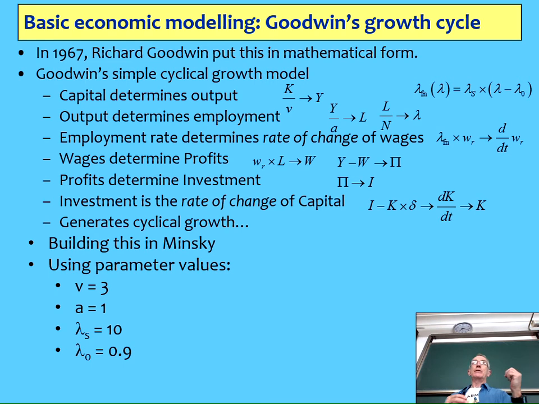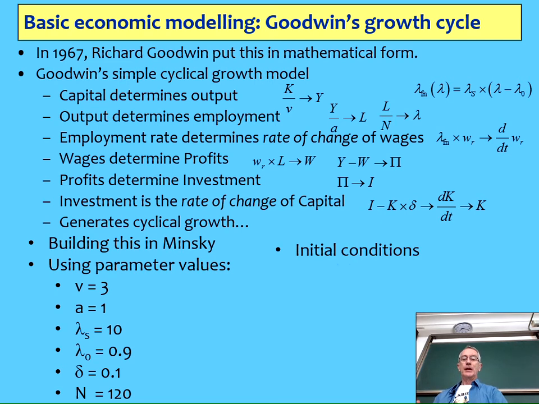A stable level of employment of 90%, so at 10% unemployment wages don't change, a depreciation rate of 10%, and a population of 120. I'm going to start off with some unemployment in the system. So initial conditions are going to be 300 units of capital, a wage rate of 80% of output, which is below the equilibrium level. Now let's see what happens.